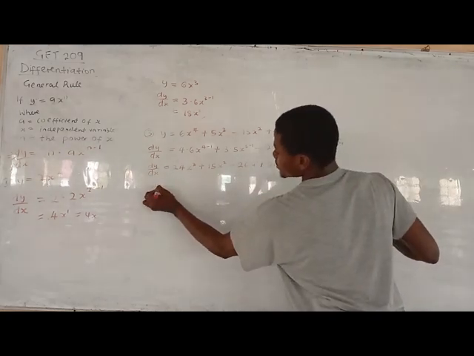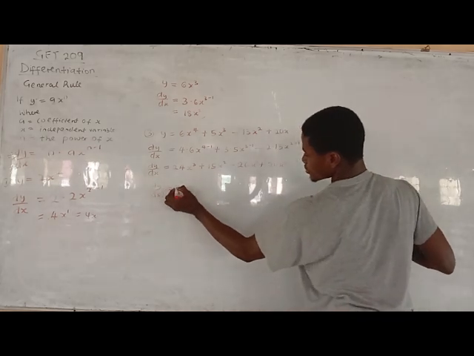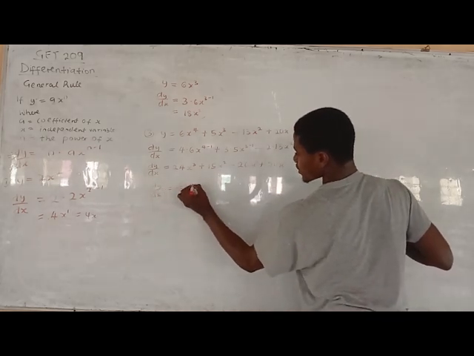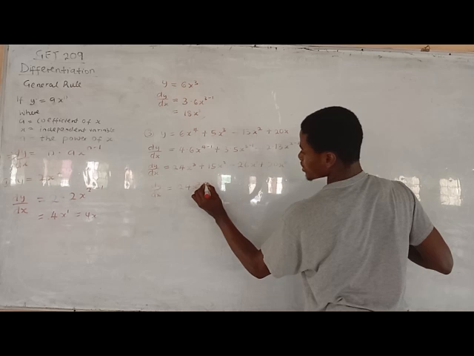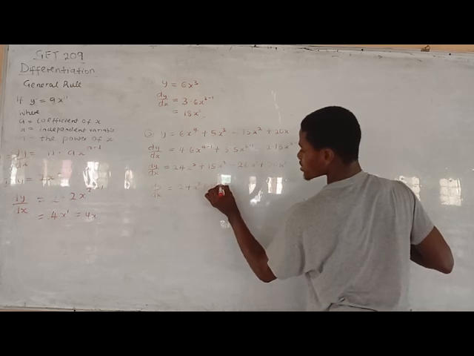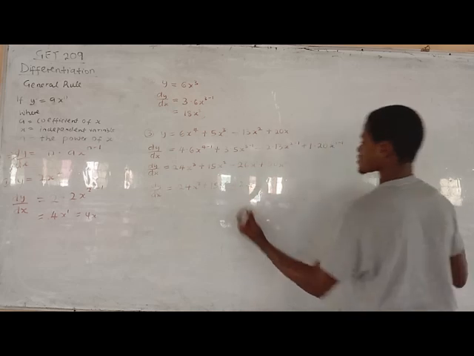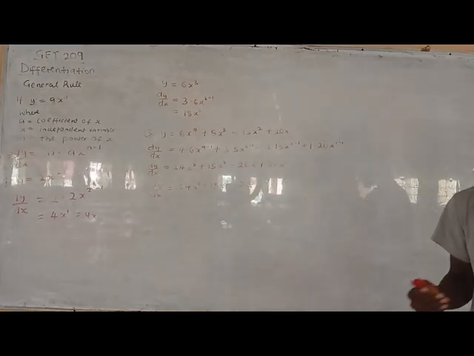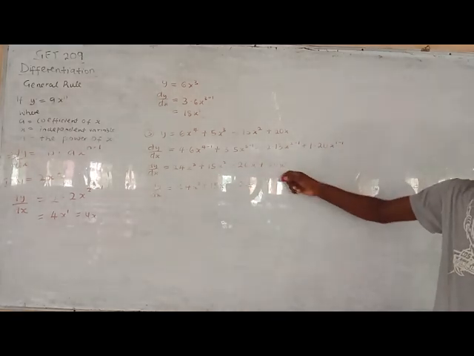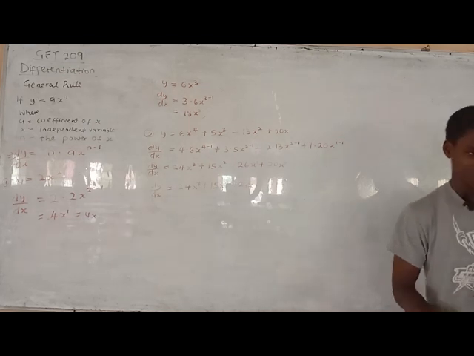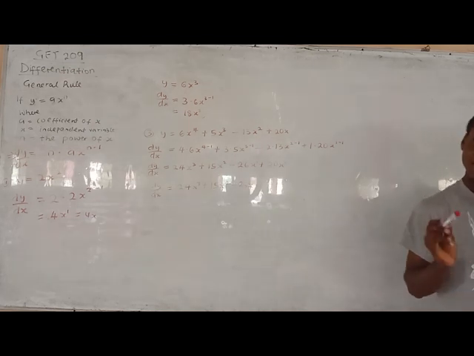So at the end, we know that dy over dx equals 24x cubed plus 15x squared minus 26x. No need to put that one because x raised to power 1 is what? x. But x raised to power 0 is 1. It's not me that said it.